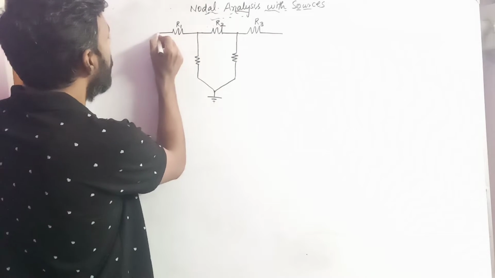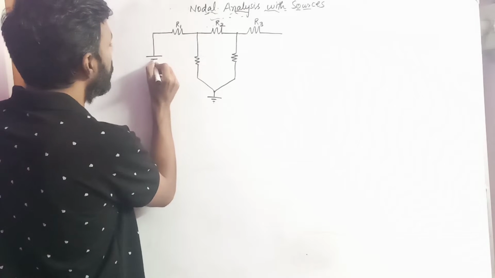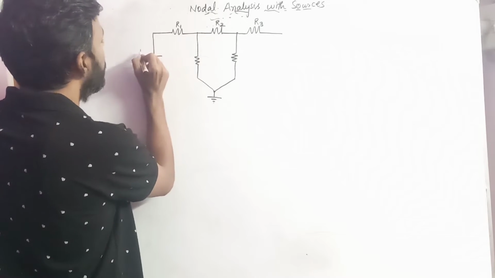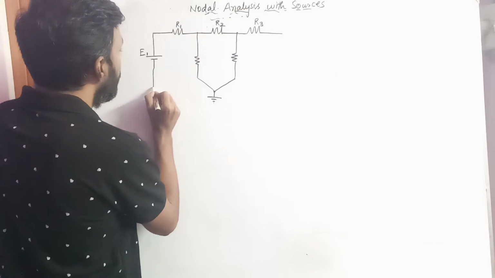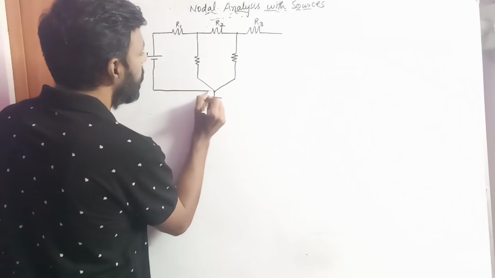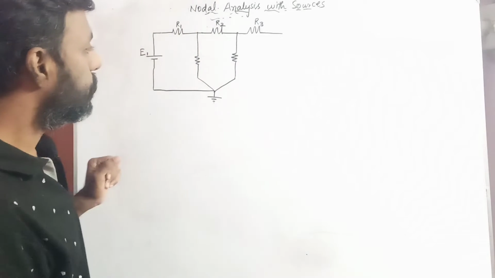So now I am adding a battery source, which I am naming E1, and I am connecting the negative terminal of the battery to the reference node.